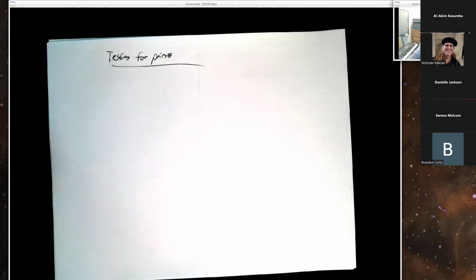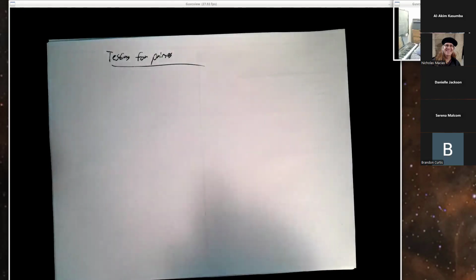I'm imagining since prime numbers already have two factors, that's a known thing, you're basically proving that this number has only two factors: one and itself. If it has any other factor, then it's not a prime number. Okay, so we would look for other factors, and if it's only one and itself, then it's prime.